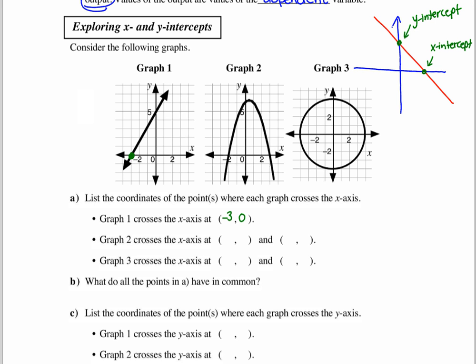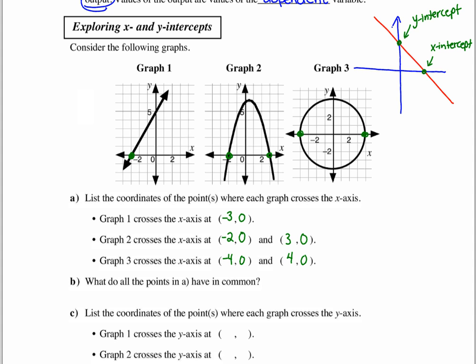Good. Graph 2, where does it cross the x-axis? There's two coordinates: -2 and 0, and then +3 and 0. And then the circle: -4 and 0, and +4 and 0.